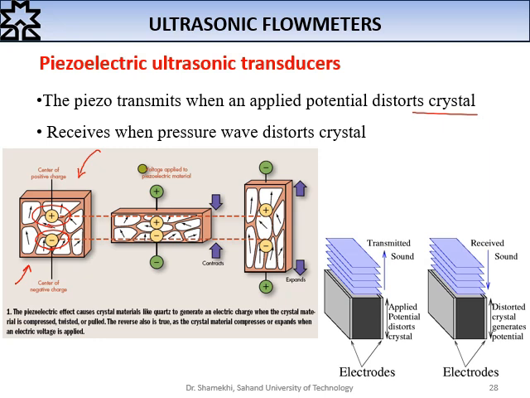When we push this structure, the positive pole of the internal electric field will move close to the upper side and the negative pole close to the bottom side, and therefore we have an increased voltage in this structure.